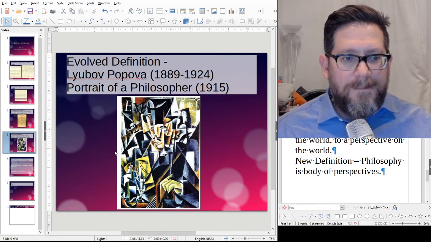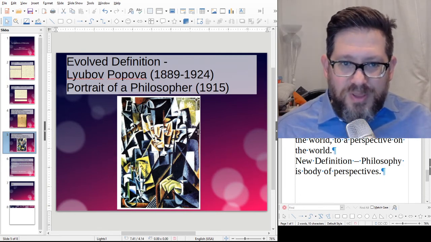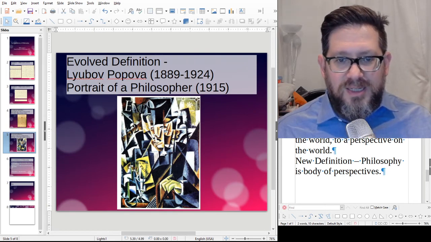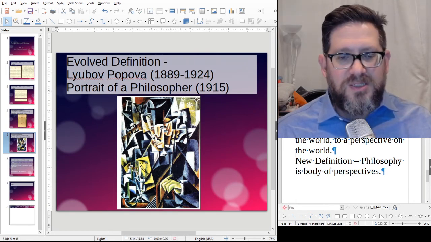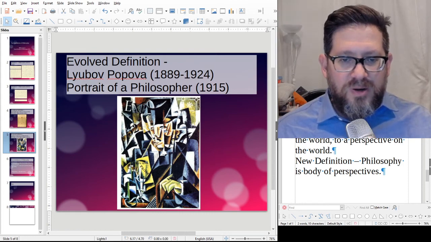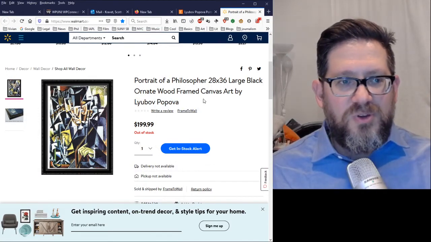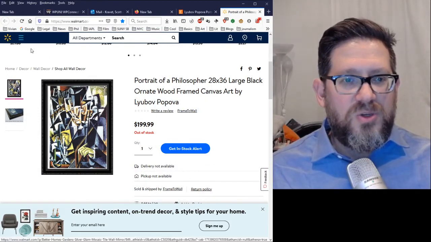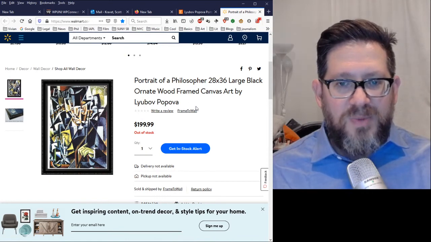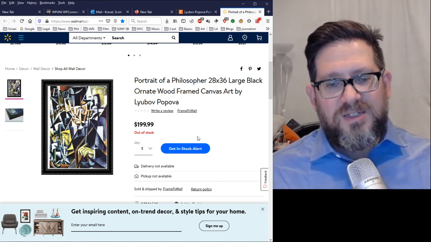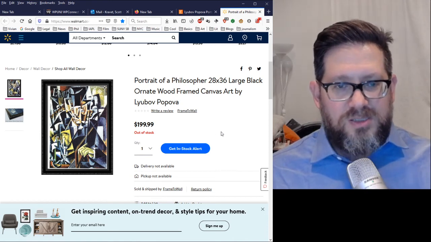Okay, I'm sure all of you are really excited. You didn't know there was this painting, The Portrait of a Philosopher, out there. And probably a lot of you are wondering where you can get this painting. Of course, it's a famous painting, so it's in a gallery somewhere. But it turns out I was doing some research, and if you go to Walmart, you will find this painting for sale for $199.99. Then I realized it was out of stock, which is unfortunate.